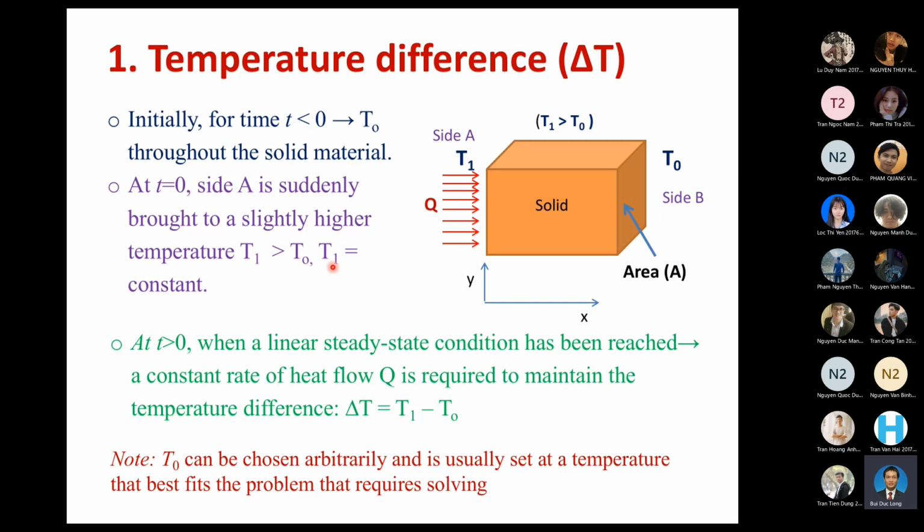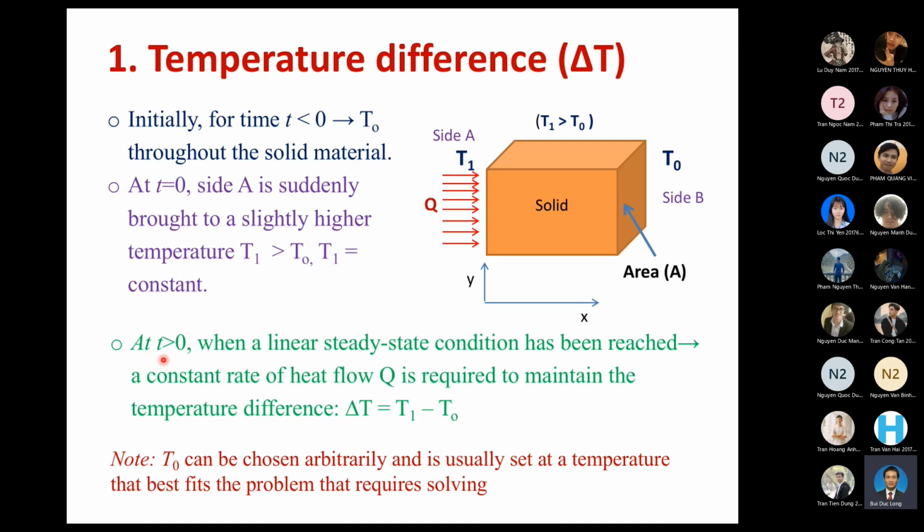If you want to keep T1 constant, you have to flow heat, with an amount Q, at a constant rate, because heat will be transferred from side A to side B. For example, T1 is always 100 degrees C. So you have to transfer an amount of heat at a constant rate to keep T1 constant.